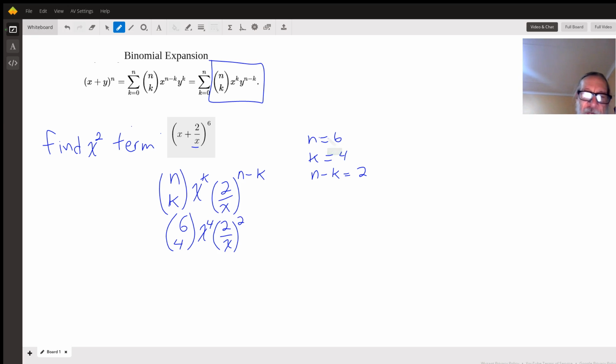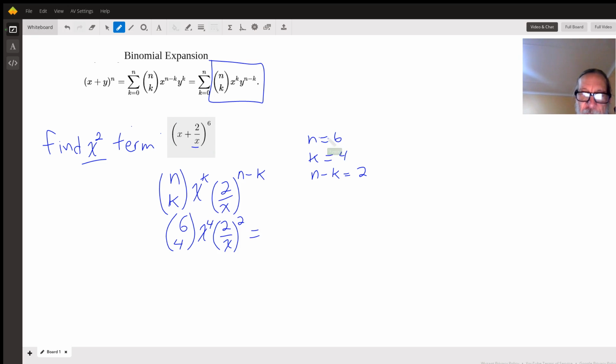So this will make an x to the power 4 in the numerator and an x to the power 2 in the denominator, giving us what we want, which is x squared. And that's the only term that's going to make x squared. So that's why we only have to use one term. Now it would be good practice for you to write out the entire thing like this, and then it'll be clear why it is that one term that you need.